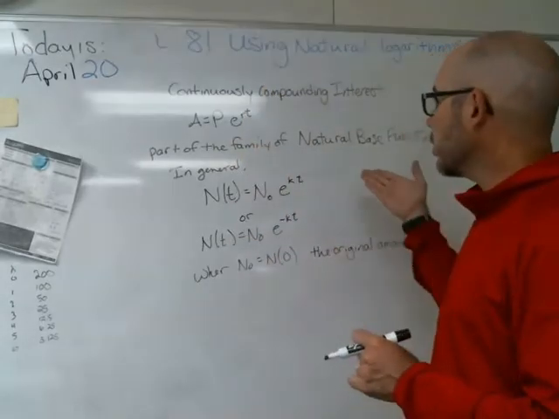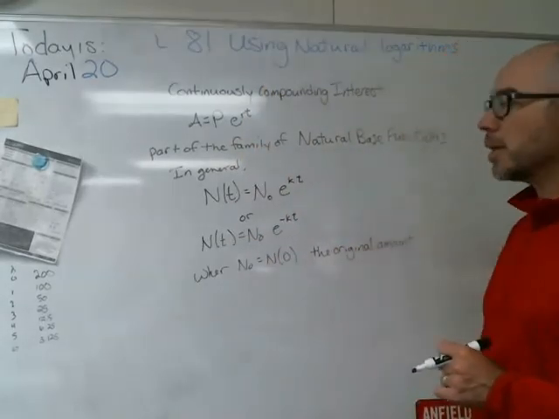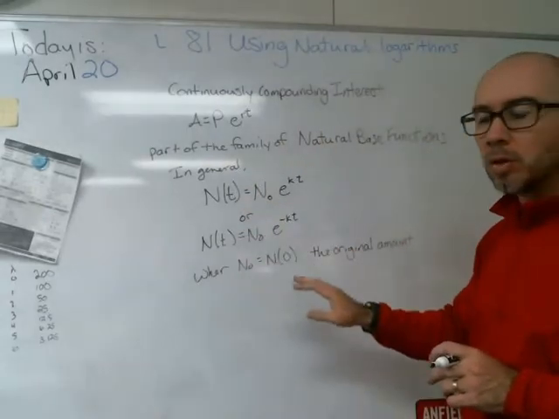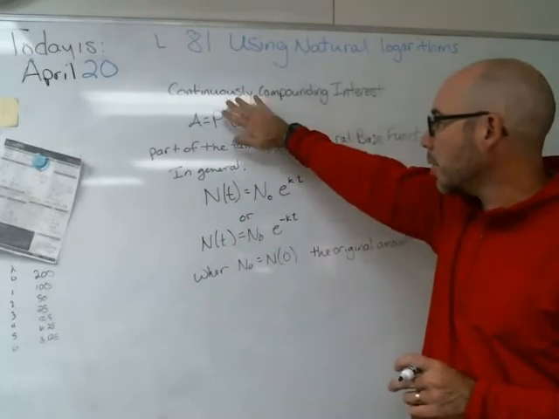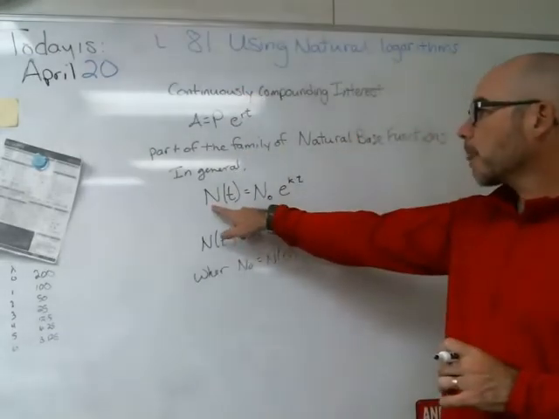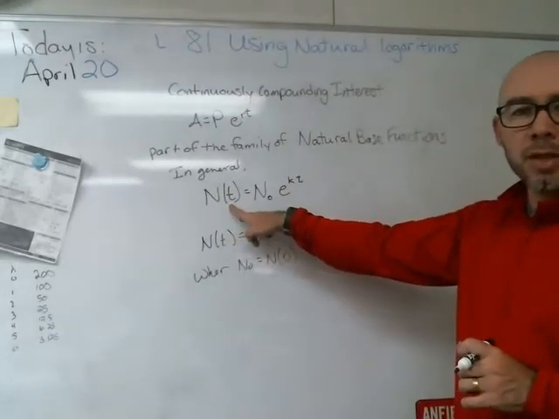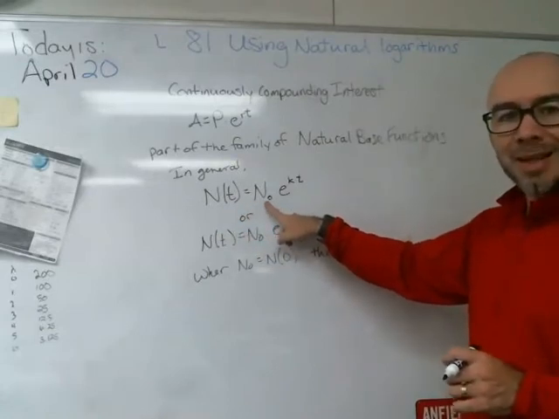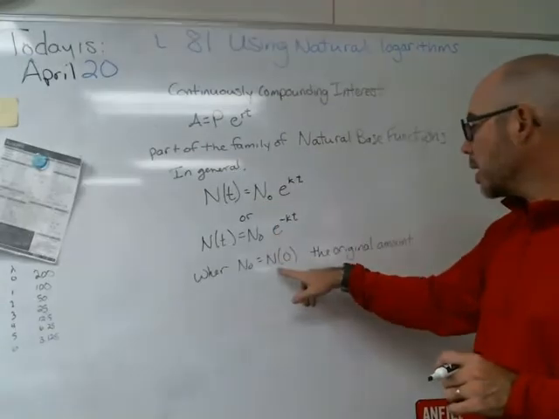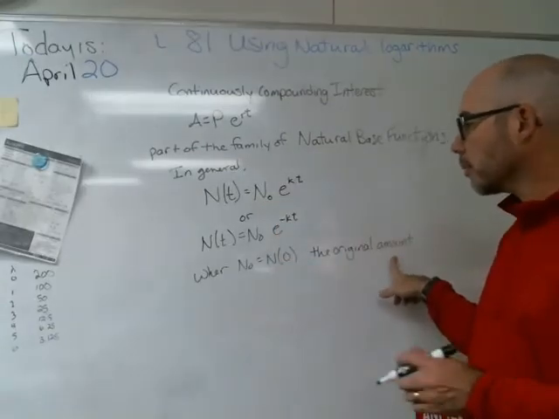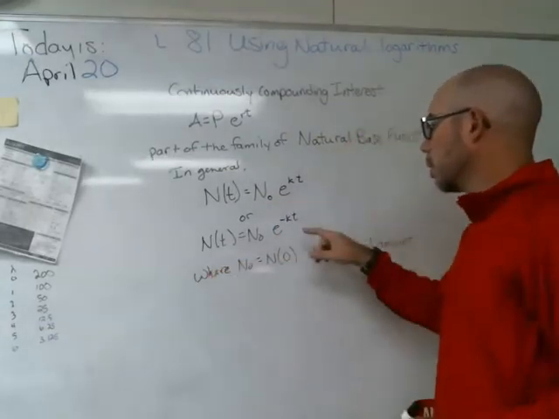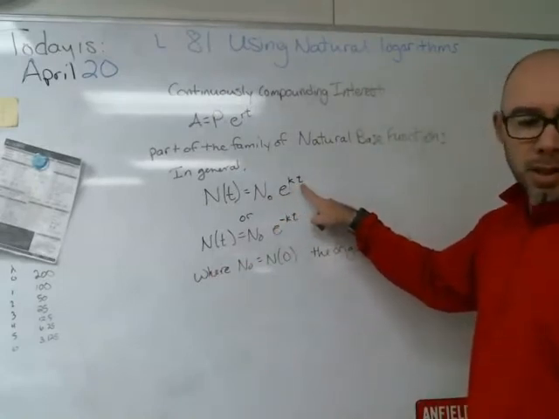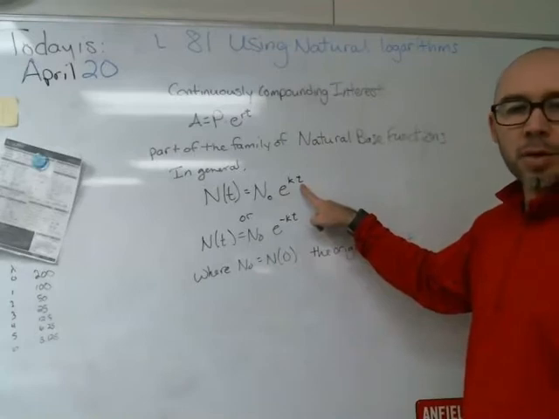That is part of the family of natural base functions, which all kind of have the same setup. You can relate what's in here to that right there. In general, N of t, t standing for time, equals N sub 0, being the original amount, times e to the k times t, if you want some exponential growth.